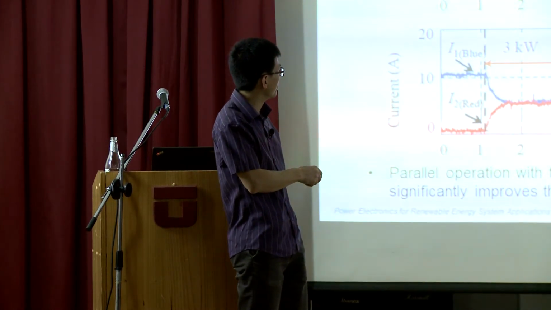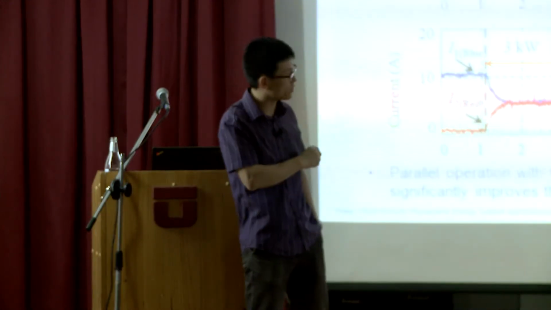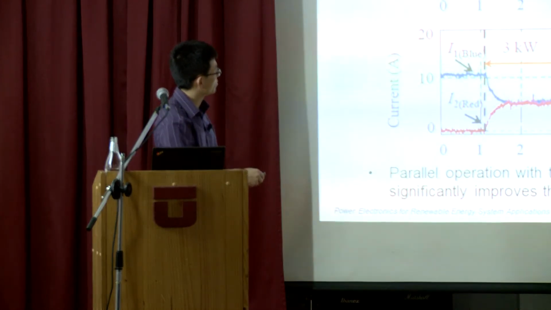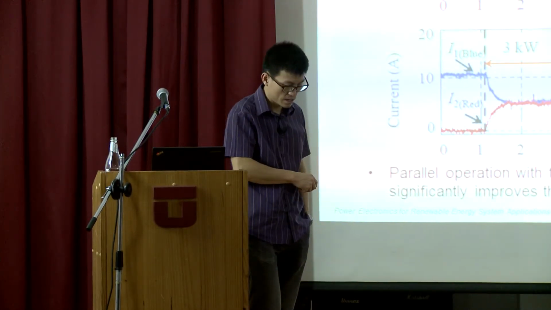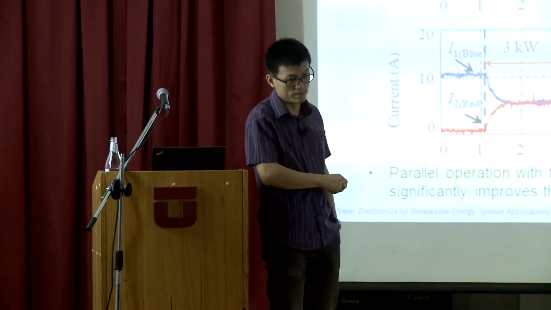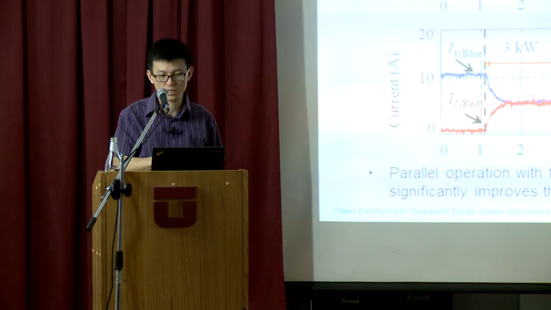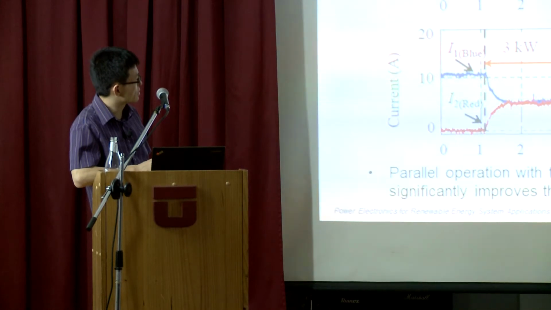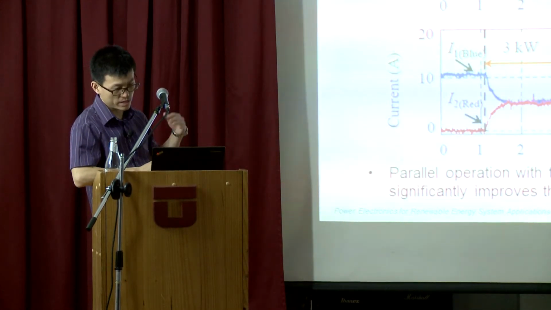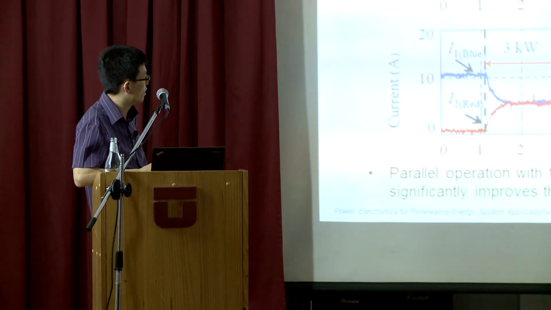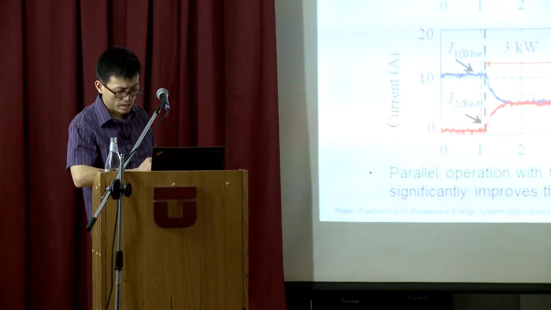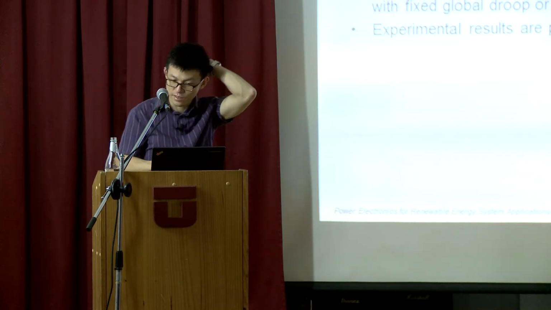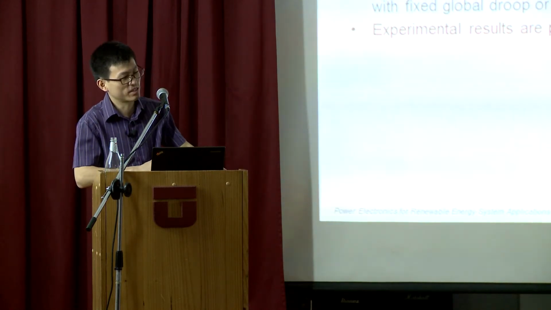When we use a single system with only one converter working, the system is not stable anymore at 6 kilowatts. But when we have multiple sources connected together with fixed Ki, we are increasing the stability margin, because even 7 kilowatts is still very stable for this system. Anyway, it's a quick summary.